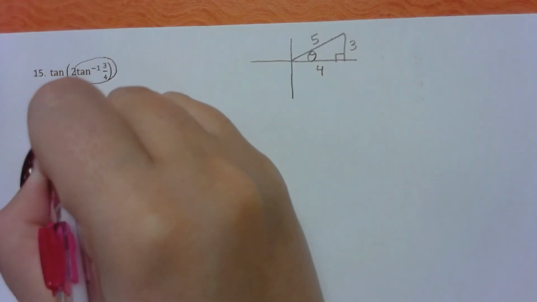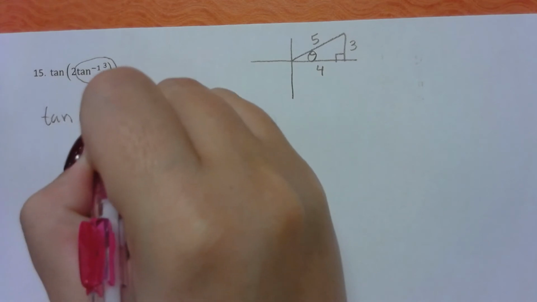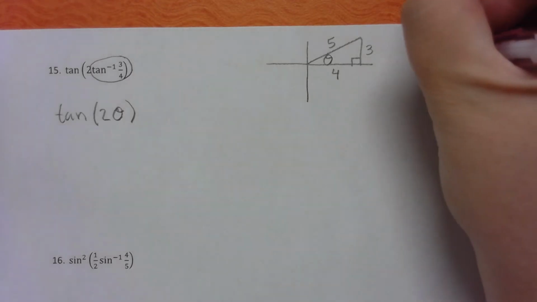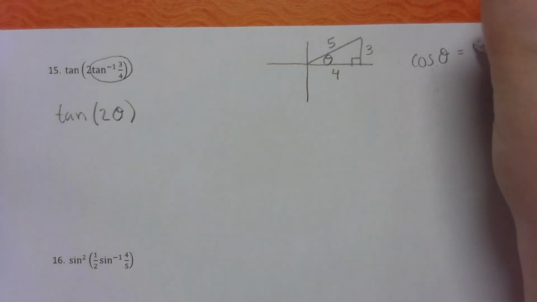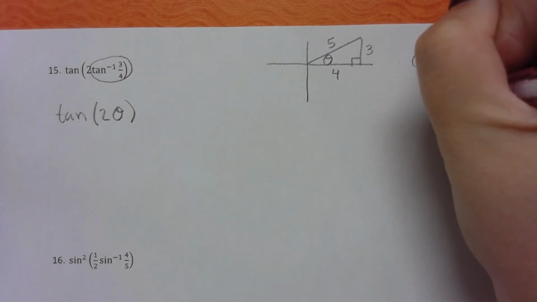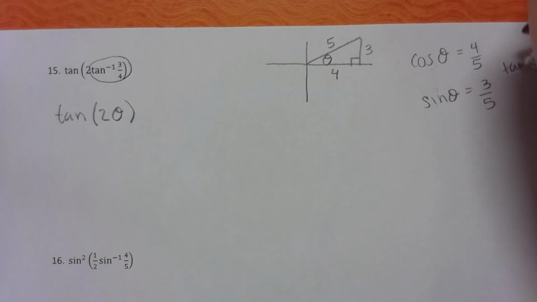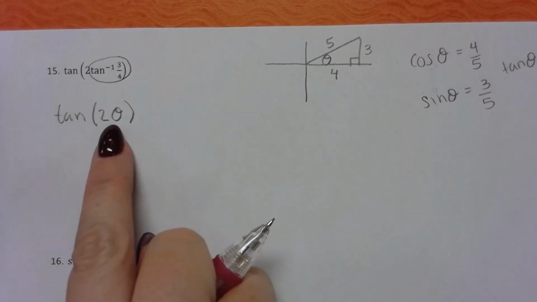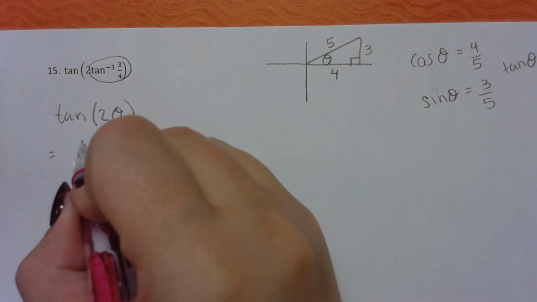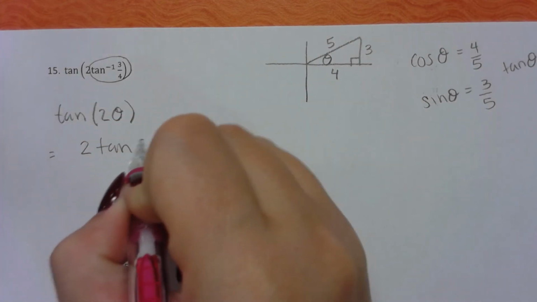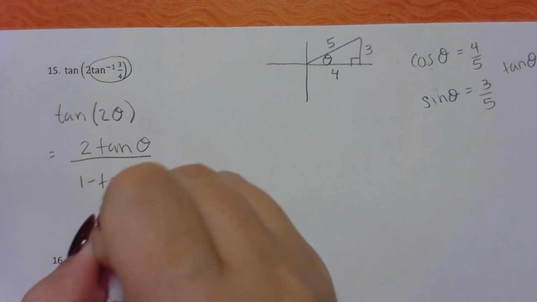So this is tangent of 2 theta. Now cosine of theta is 4 over 5. Sine of theta is 3 over 5. Tangent of theta is 3 over 4. Tangent of 2 theta, well, that formula is 2 tangent over 1 minus tangent squared.